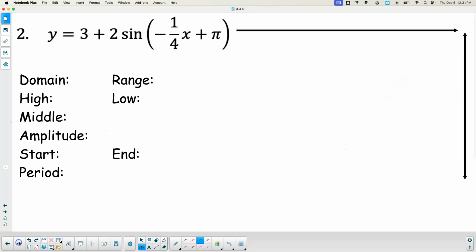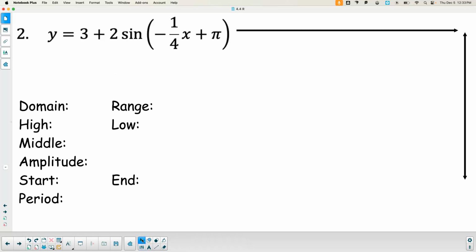Here we go. y equals 2 sine of, what are we factoring out? Negative 1/4. And if I factor that out, I'm left with negative 4 pi.